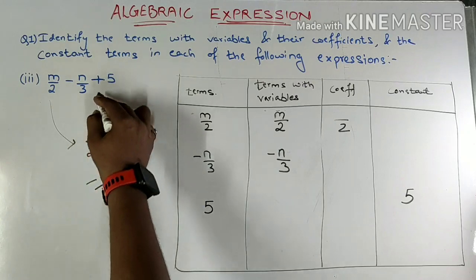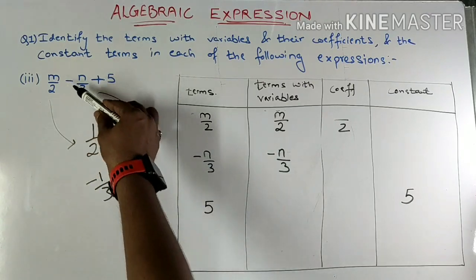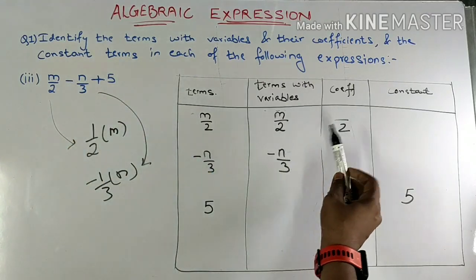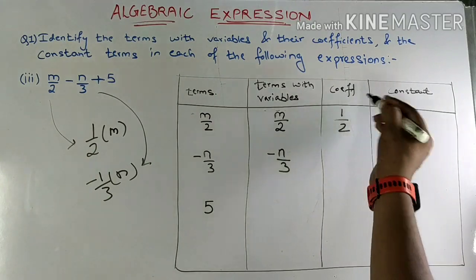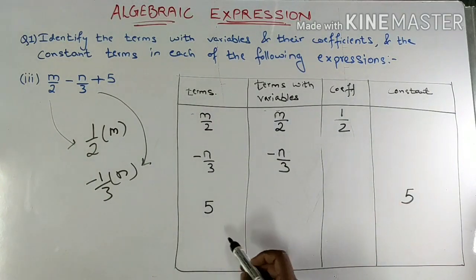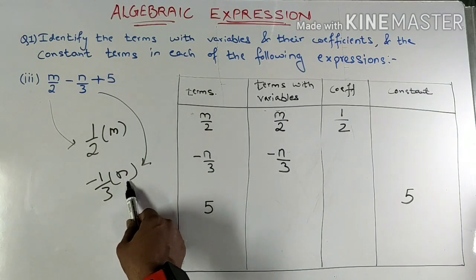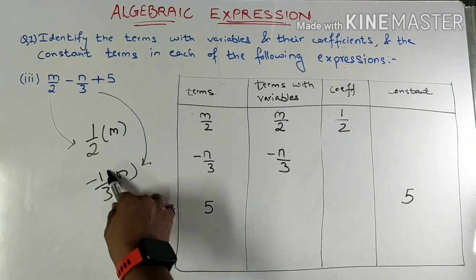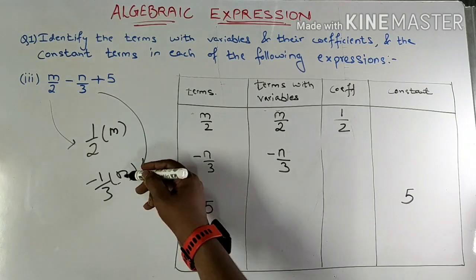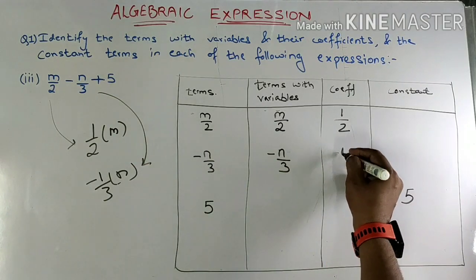Half m is nothing but m by 2. So my coefficient of m by 2 is 1 by 2. Minus n by 3 can be written as minus 1 upon 3 into n. So the coefficient is minus 1 by 3 and the variable is n.